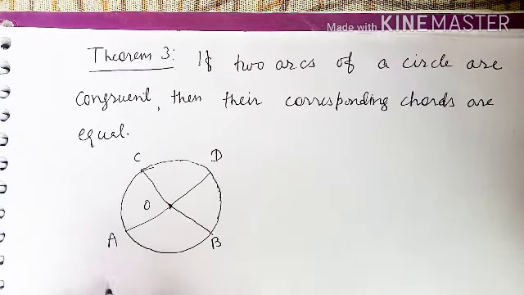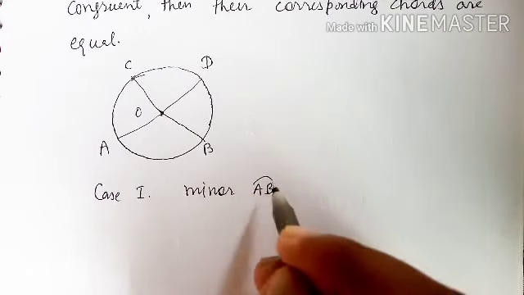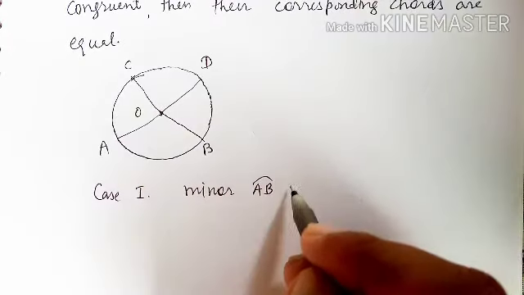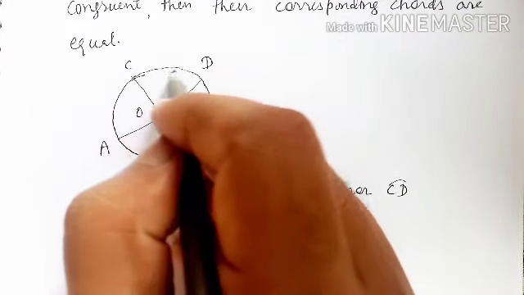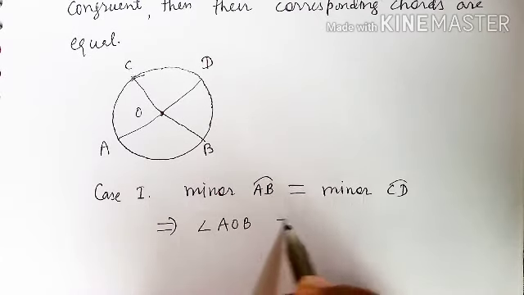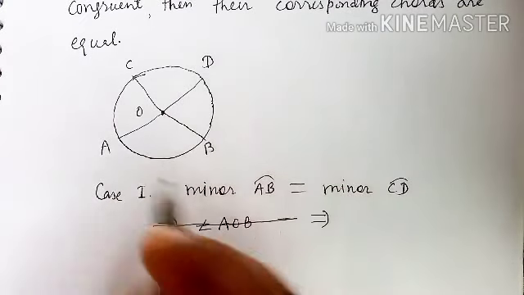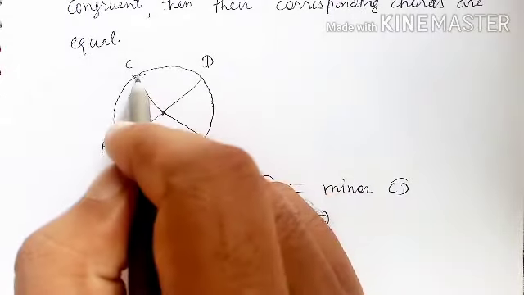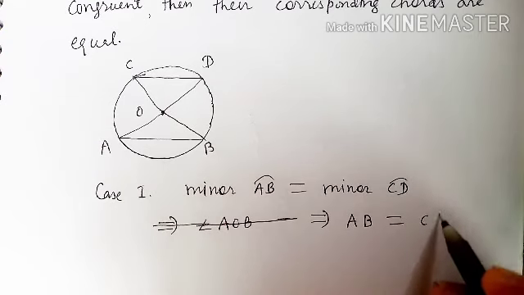Case 1: minor arc AB. This one is the minor arc AB, equal to minor arc CD. This is the minor arc CD. This implies that angle AOB is equal to angle COD, which implies that chord AB is equal to chord CD.